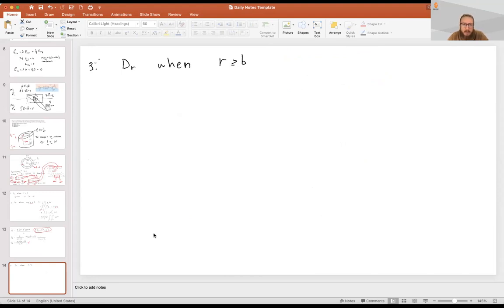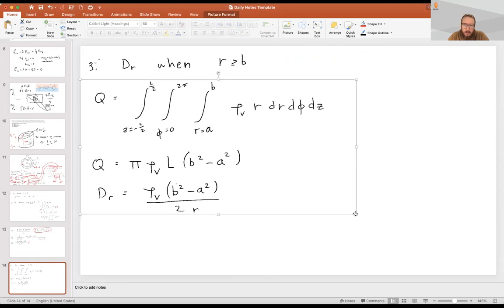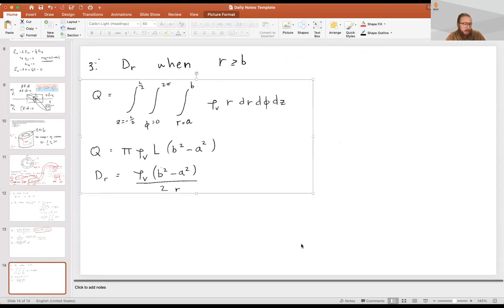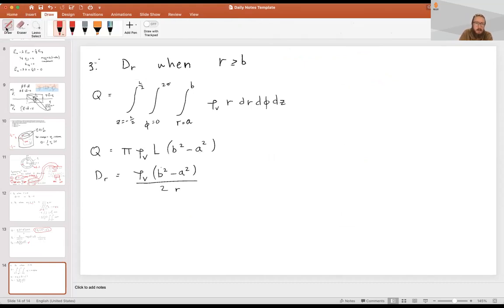So in the third case, we need to integrate all the charge.